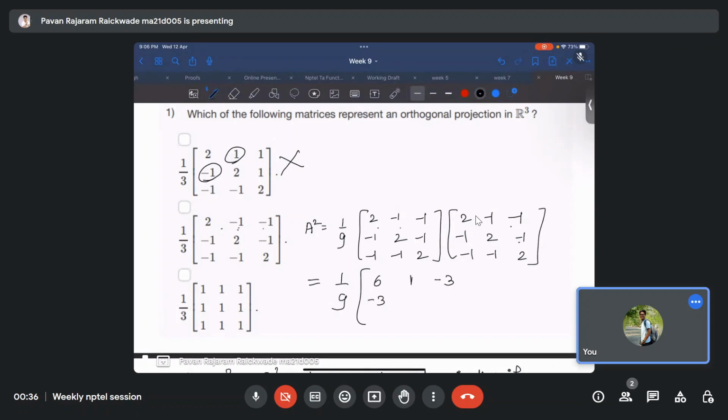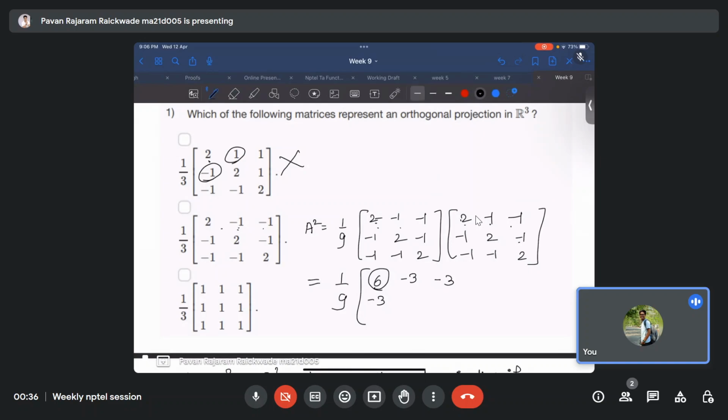Can we see this from the entries directly? What is the first entry here? 4 plus 1 is 5, then plus 1 is 6. So the first entry is 6 by 9, which is 2 by 3, the same. The second entry: minus 2, minus 2, plus 1, so minus 4 plus 1, minus 3.